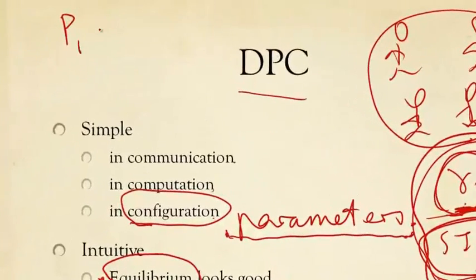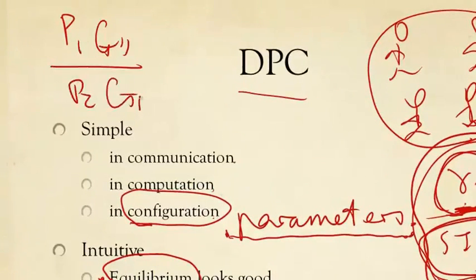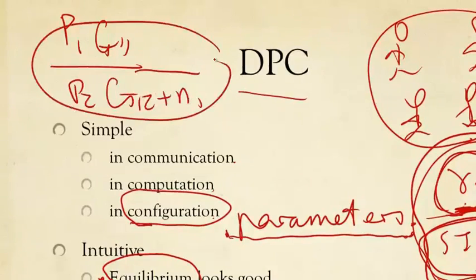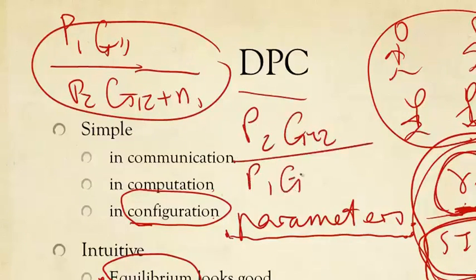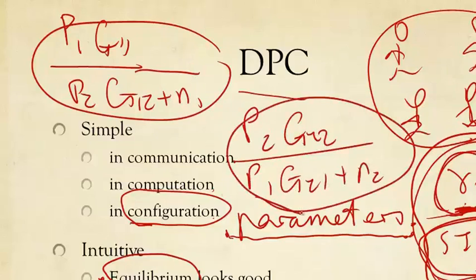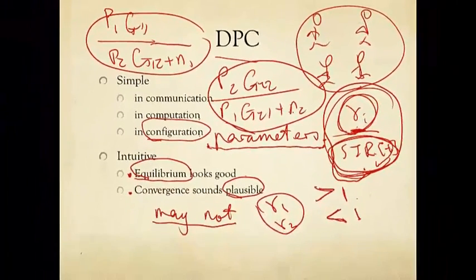I want P1G11 over P2G12 plus N1 to be really big. I also want P2G22 divided by P1G21 plus N2, this is received SIR for user 2, to be really big. And for certain G's and N's, you see that I cannot find any P1 and P2 numbers that can make both ratios very, very big.